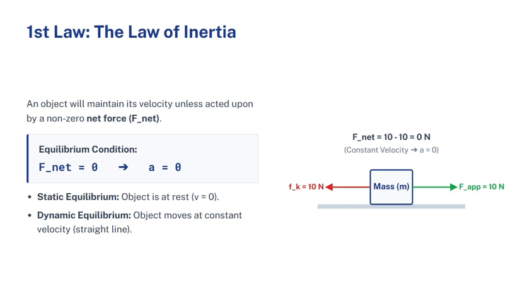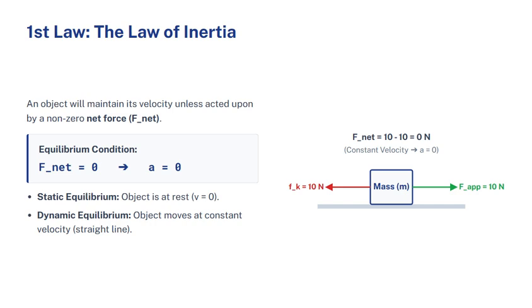V is velocity, and velocity is not like speed. Speed is a scalar, that means there's no direction to it, but velocity has direction tied to it.